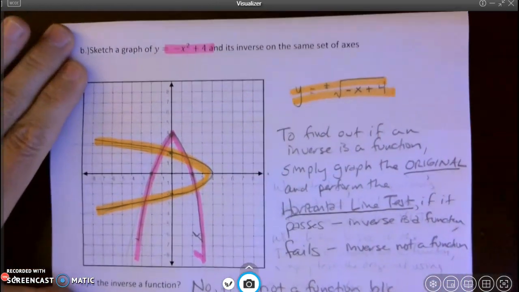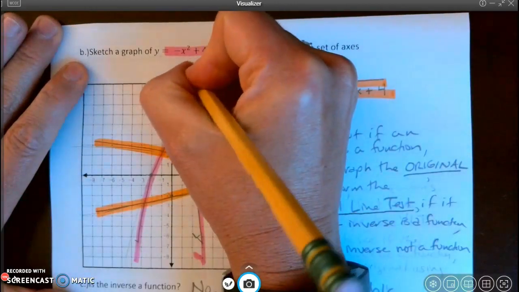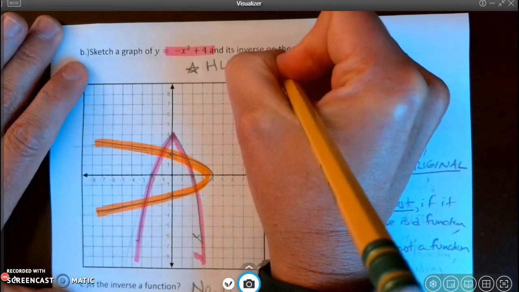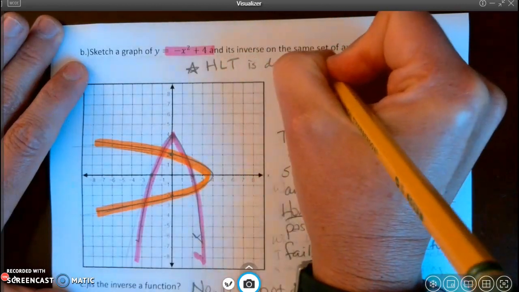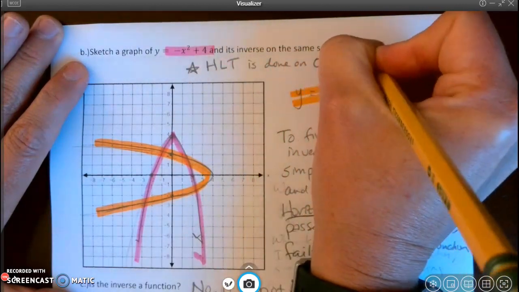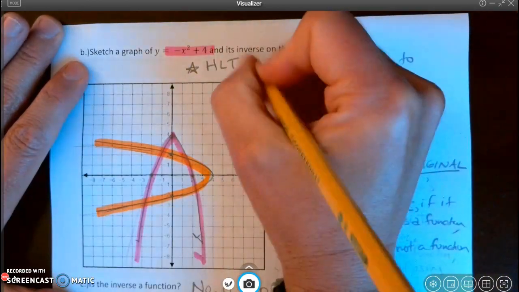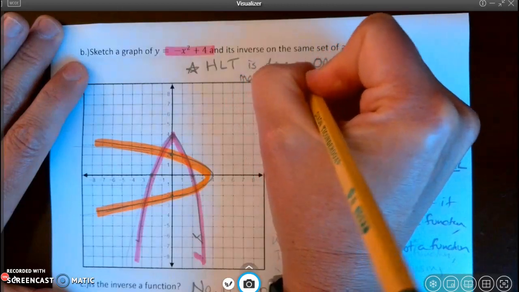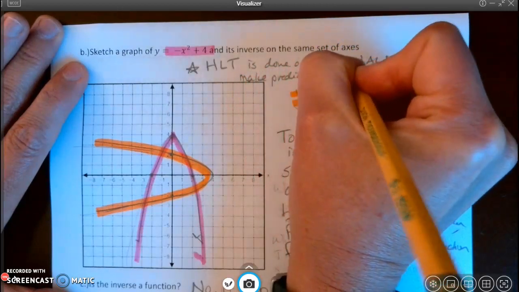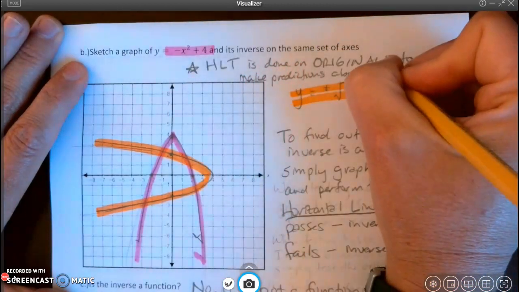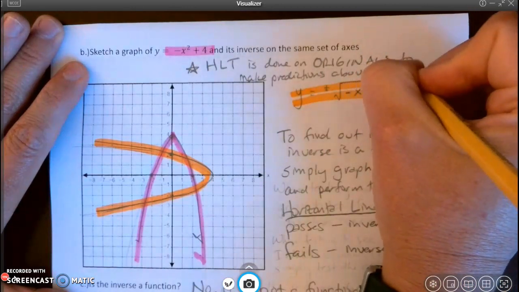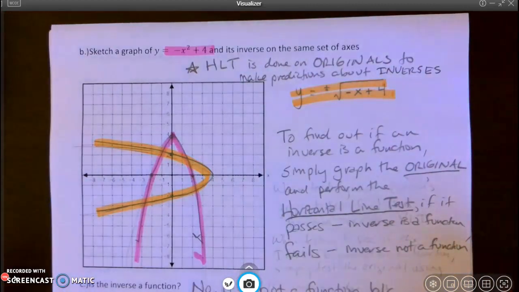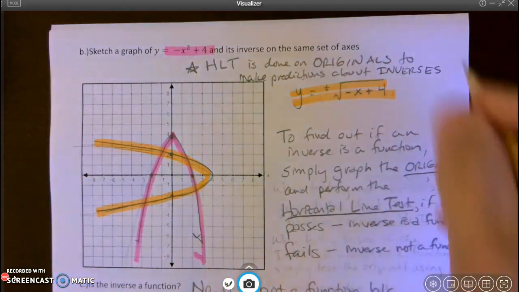We're going to write that up here. So the horizontal line test is done on originals to make predictions about inverses. Notice we do not perform the horizontal line test on the inverse.